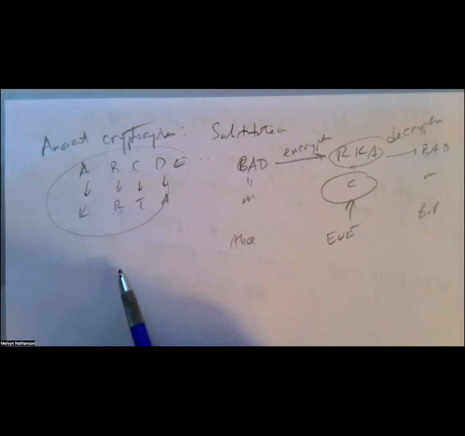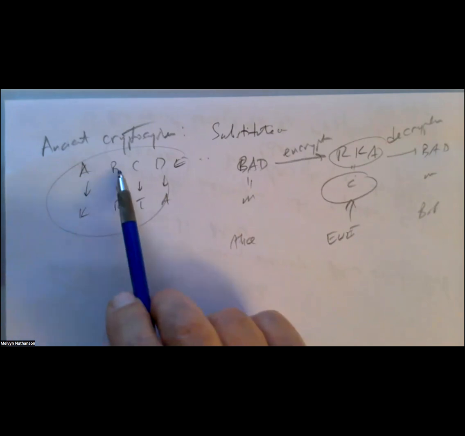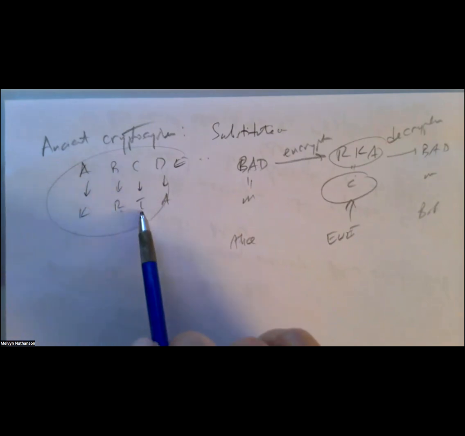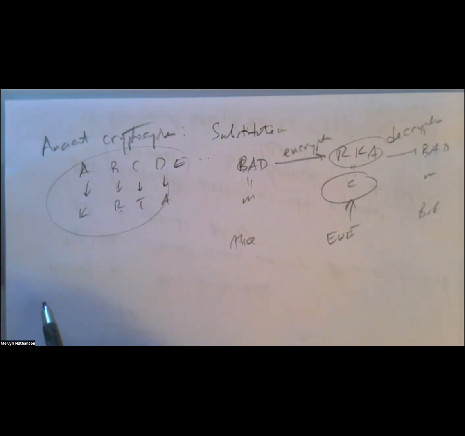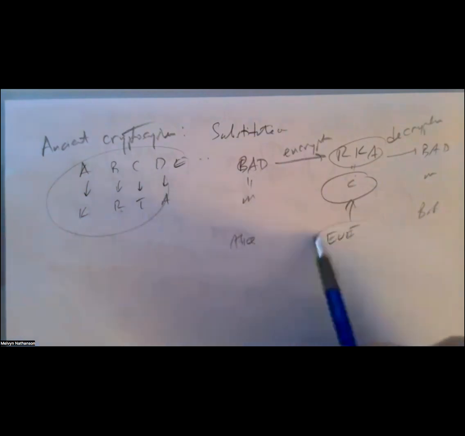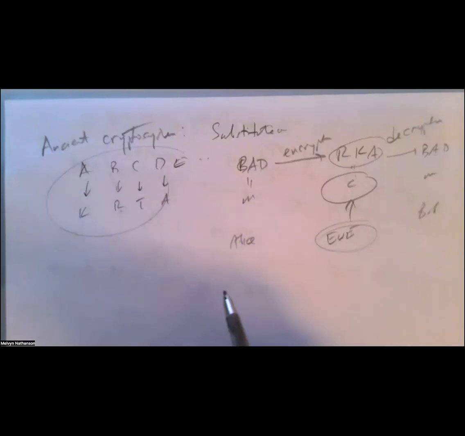So if Alice sends to Bob a message that says, I'm going to use the following secret code. In this code, every A becomes a K, every B becomes an R, every C becomes a T, and so forth. But if Eve can intercept that message, she knows how to decipher. So this code becomes insecure. And that's a real problem.